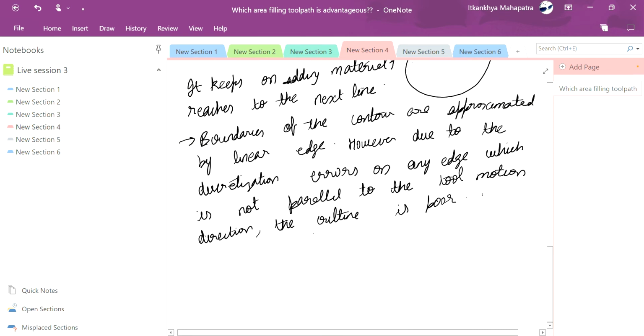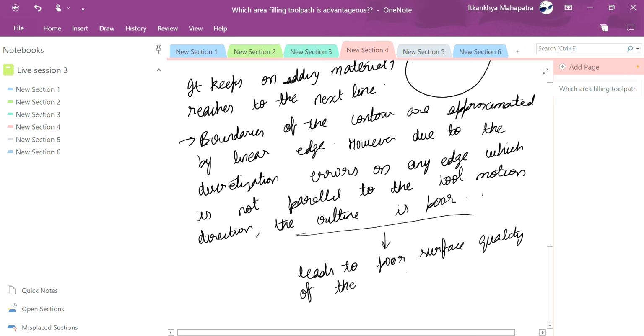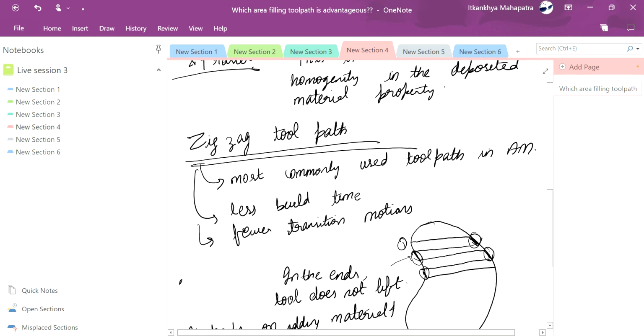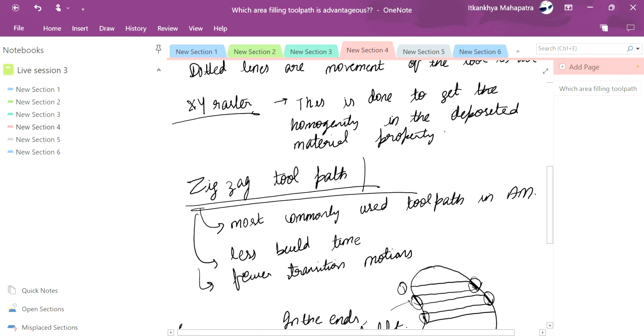This leads to poor surface quality of the printed part. And the zigzag path is also called the direction parallel tool path.